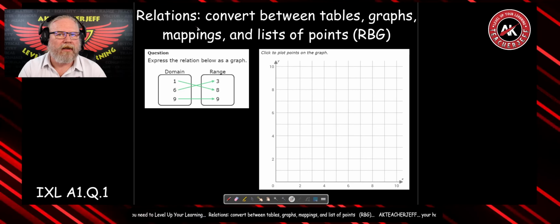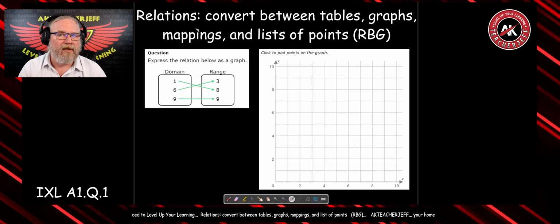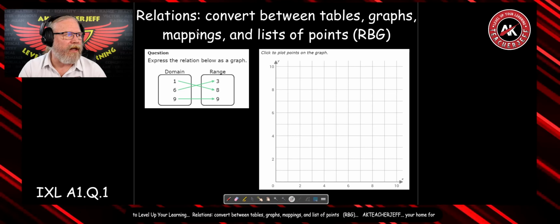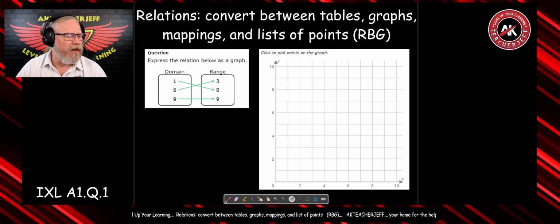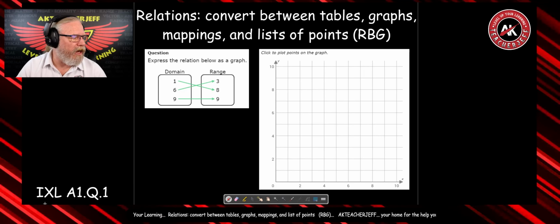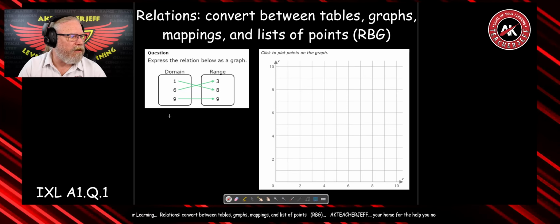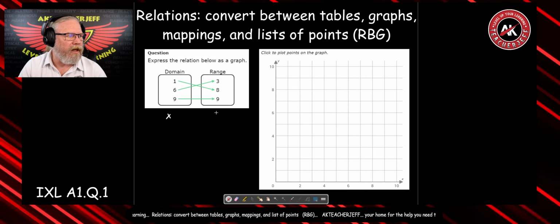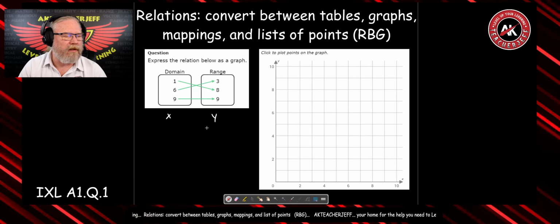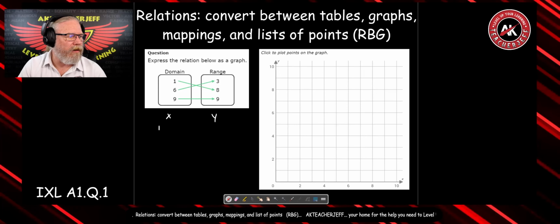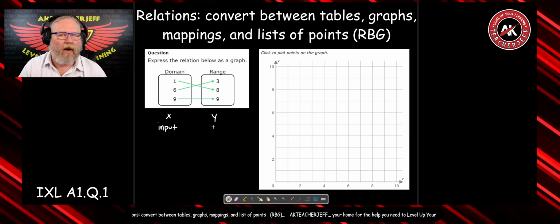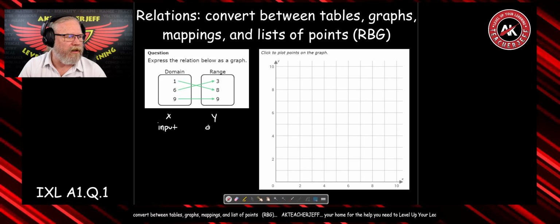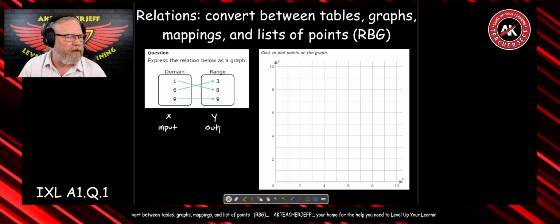All right, so relations. What are relations? Well, we're going to get into talking about functions later on, but right now we're just talking about relations. Things we need to know about are domain and range. Our domain is pretty much our x values, and our range is our y values. When we talk about domain, we are talking about inputs, and our y values, also known as our range, are our outputs.